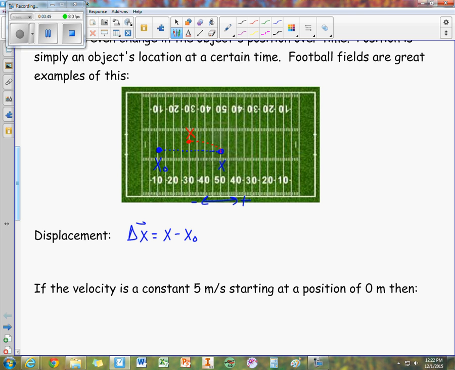So it would be 20 yards. And notice it would still be positive, even though the ball went in the negative direction for a certain point. Now, the total distance the ball travels, it would be 40 plus 20, it'd be 60. So the ball travels a distance of 60 yards, but its displacement would only be 20 yards. So you have to be very, very careful with displacement.